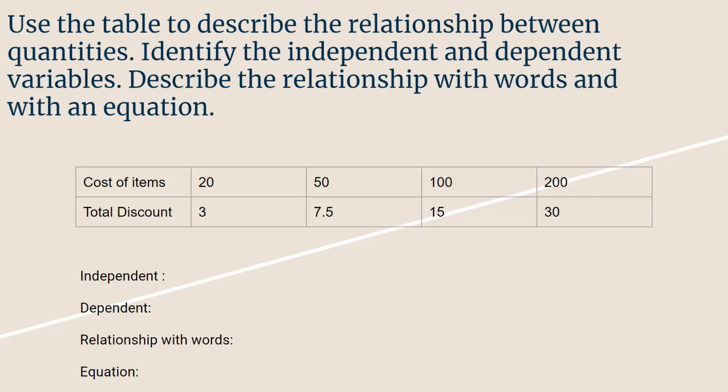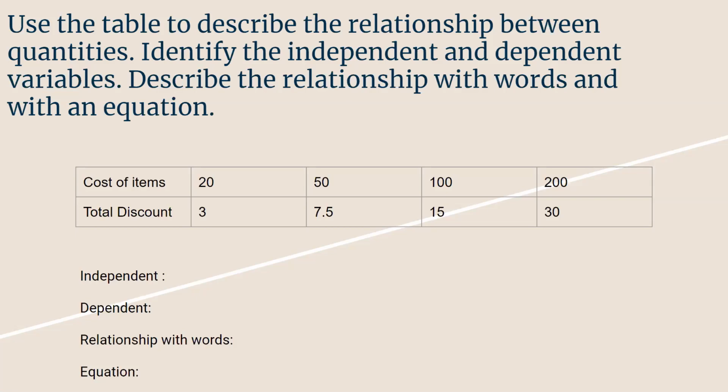A lot of the questions that we've done with total cost have been a little bit different because now I have a total discount. So in this case, it's kind of backwards from what we have been doing.